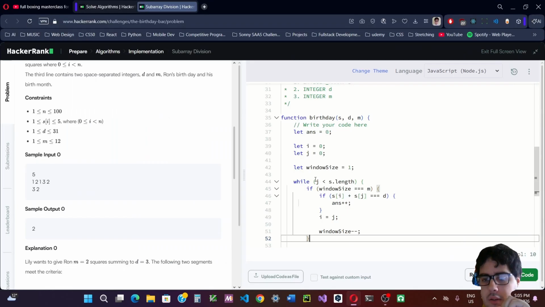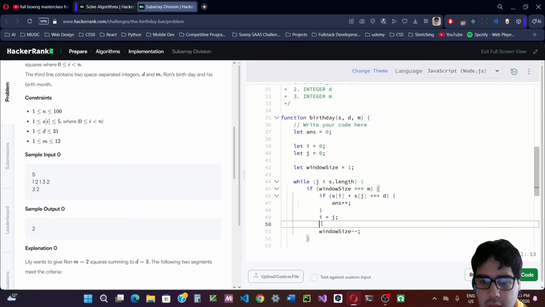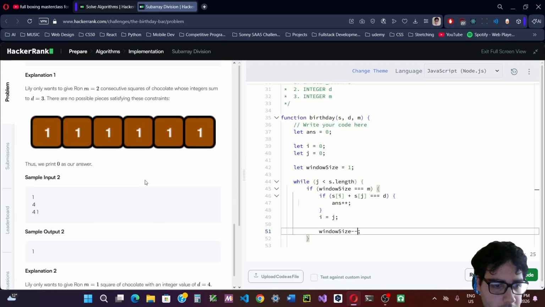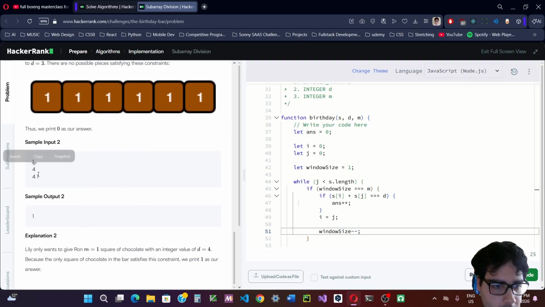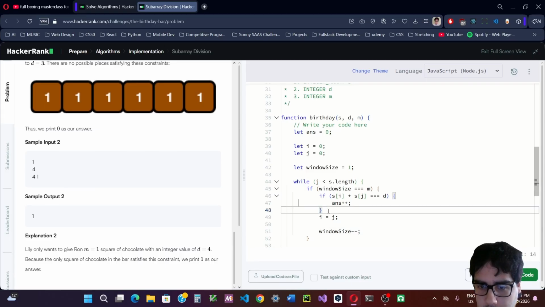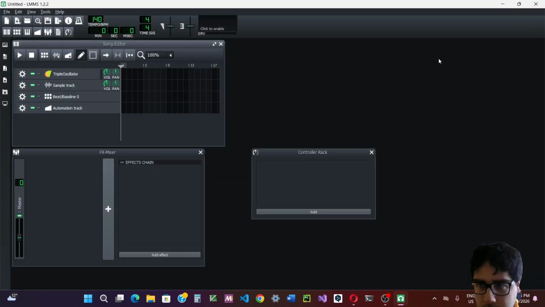So what is window size equals m, so this one, this four, so yeah.